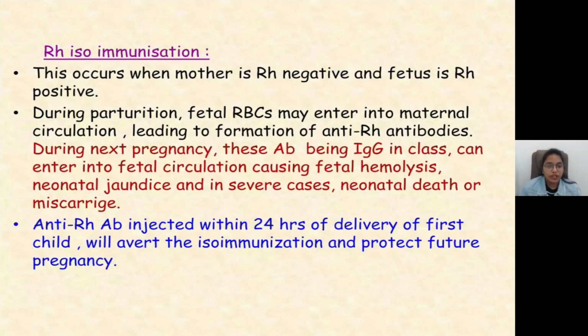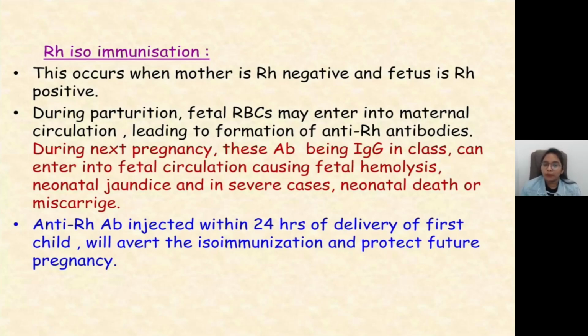Rh isoimmunization is also known as hemolytic disease of the newborn. Hemo means blood, RBCs, and lysis means breakdown. This occurs when the mother is Rh negative and the fetus is Rh positive.